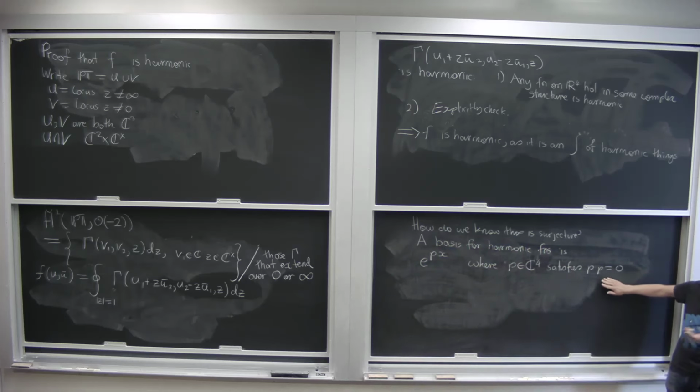Right, so just using the Fourier transform to write down a basis for all functions and saying, well, those which are harmonic, that means the momentum vector must be null.